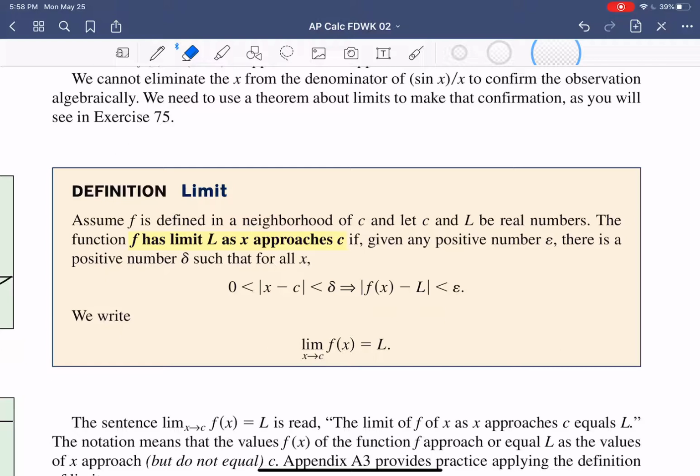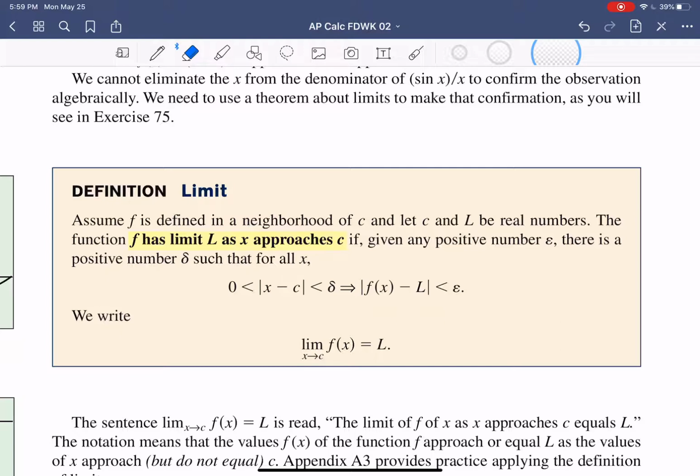Assume the function f is defined in a neighborhood of c, and let c and L be real numbers. The function f has a limit L as x approaches c if, given any positive number epsilon, there is a positive number delta such that for all x, 0 is less than the absolute value of x minus c, which is less than delta, then the absolute value of f of x minus L is less than epsilon.